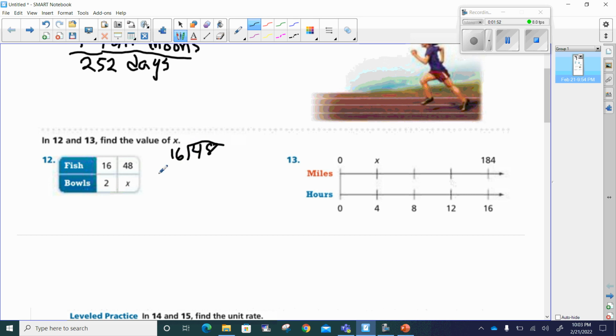I see that it goes into it 3 times, because I know 3 times 6 is 18, and I carry the 1. 3 times 1 is 3 plus 1 makes 4. So that's 48. That means it increased 3 times, so I've got to increase this by 3 times. 2 times 3 is 6. So x equals 6.